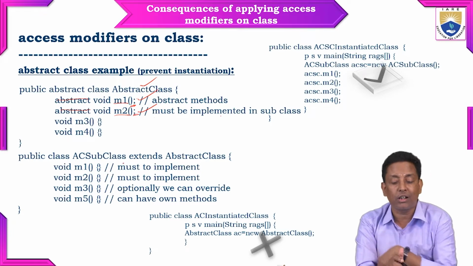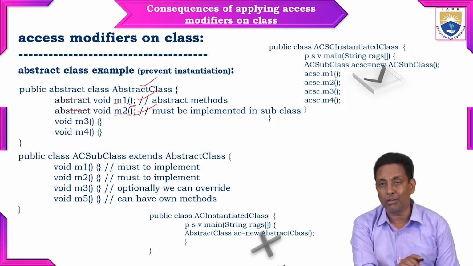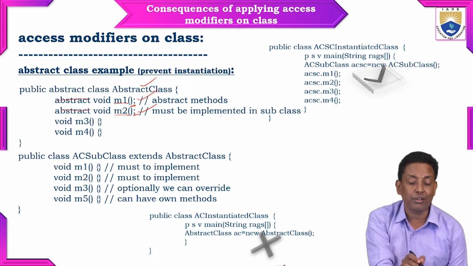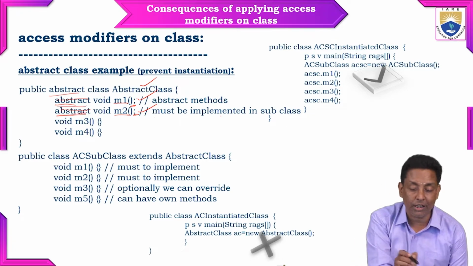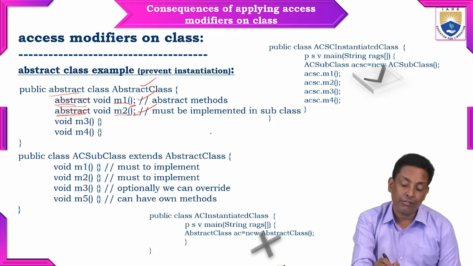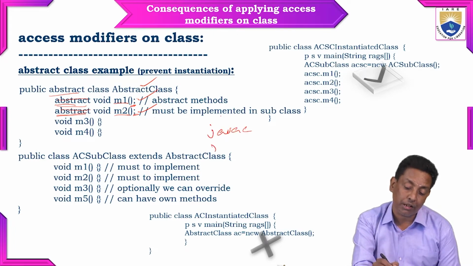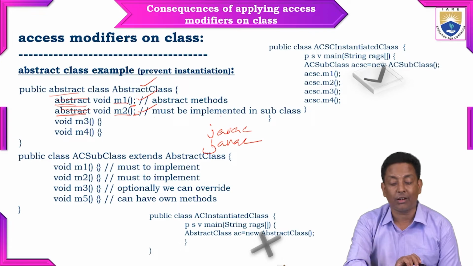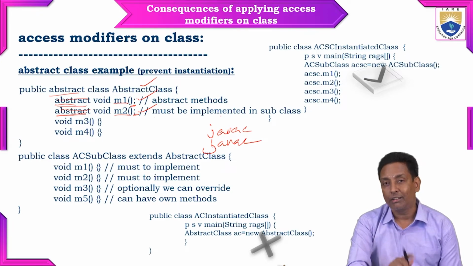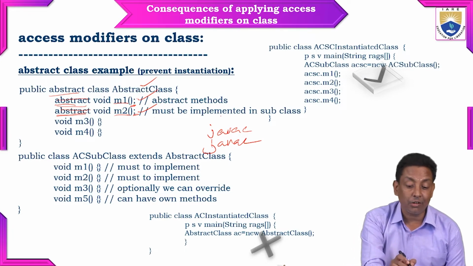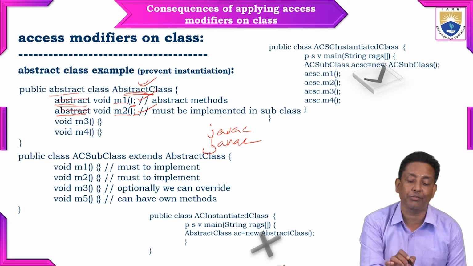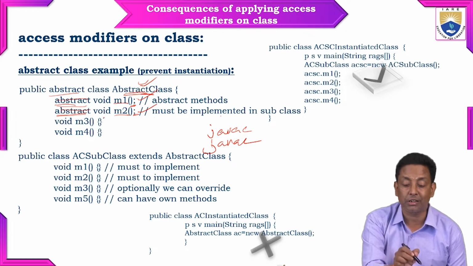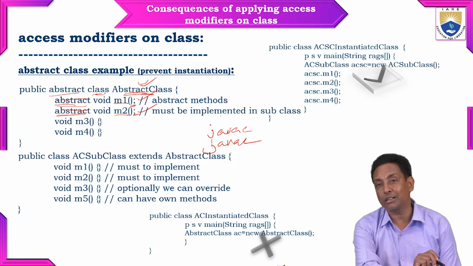The moment the compiler notices these two methods are only declared but not implemented, first it will force us to declare the methods as abstract. It won't declare the class as abstract. Then, if you compile one more time, the Java compiler says that because this class has abstract methods, how can you declare it as a normal class?